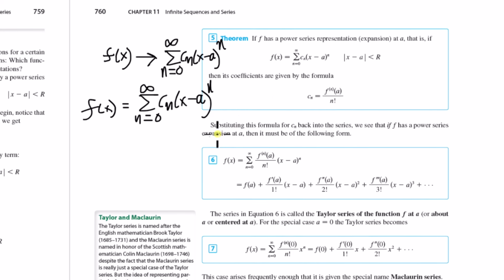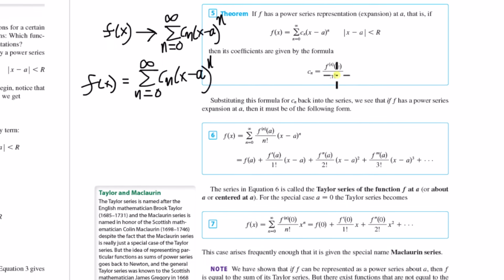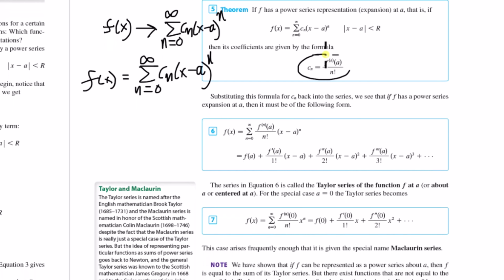All right. So next, what do they do next? They take the c sub n here and plug it into the power series formula. So you get, there's the c sub n. Then they write out some terms here. You can see you've got 0 factorial, x minus a to the 0. So this is just f of a.